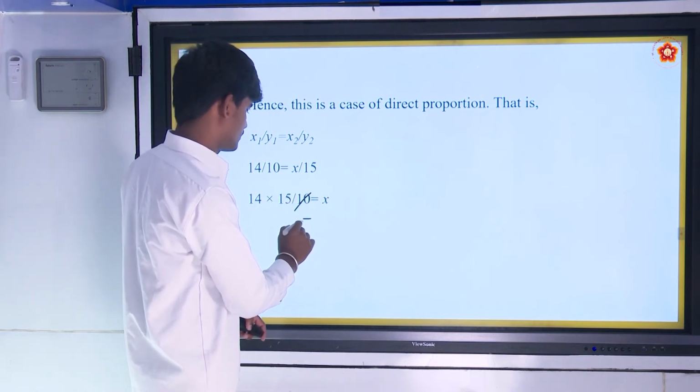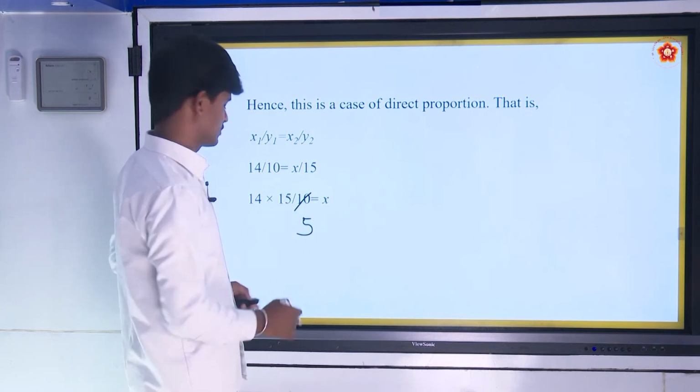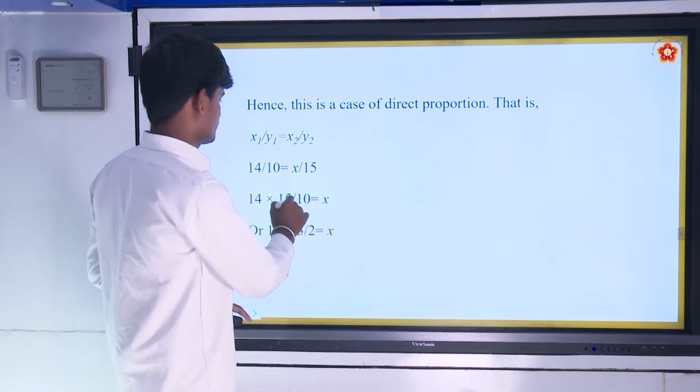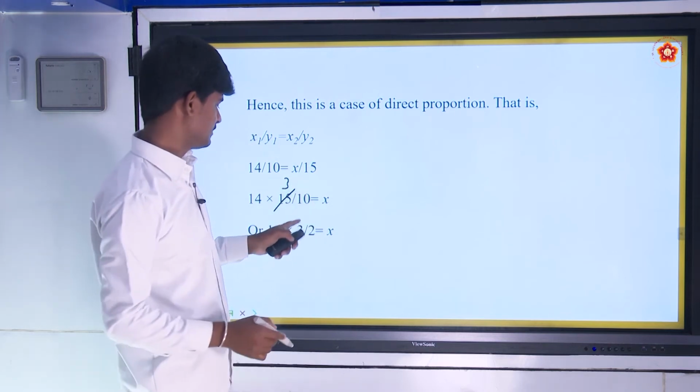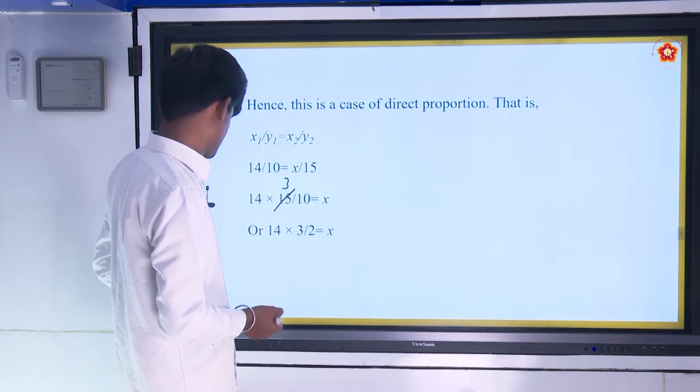See, 5 3s are 15, 5 2s are 10. So 14 into 3 by 2.